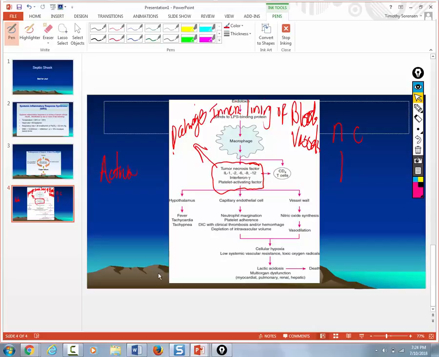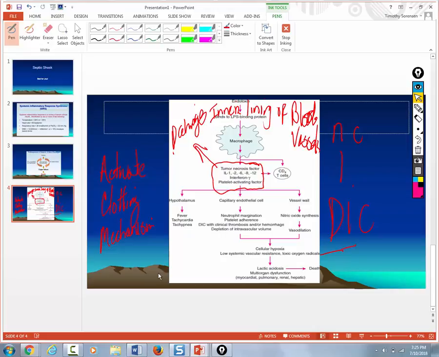And when you damage the inner lining of a blood vessel, and this is going to happen all over, you are going to activate the clotting mechanism. These people will begin to develop little small clots in the arterioles and in the capillaries, all over.